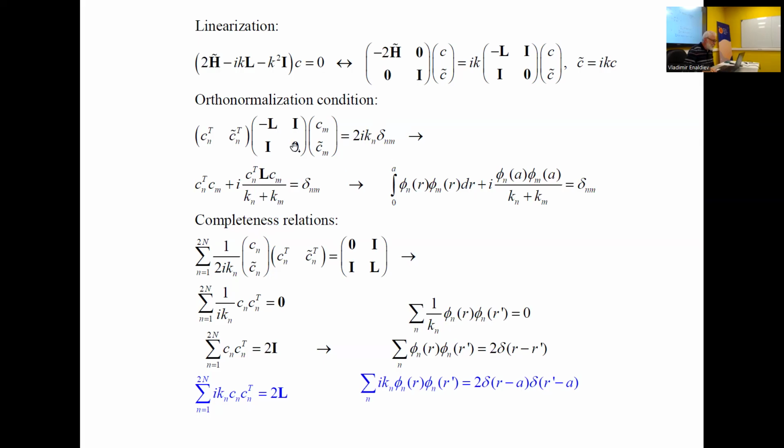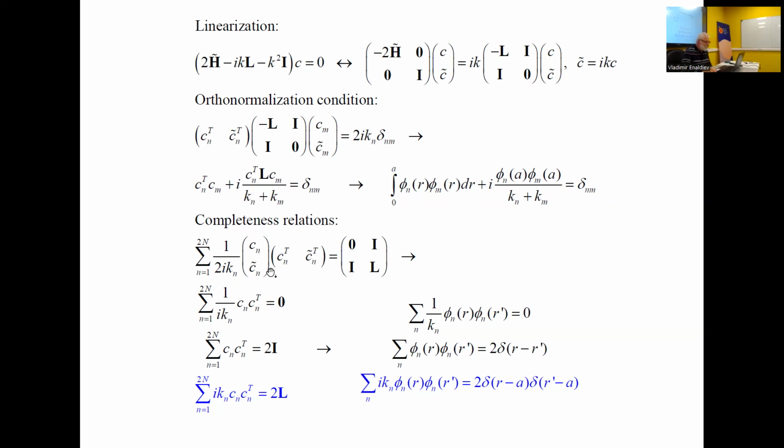But when you now reduce this equation to eliminate this c tilde and write what this means with respect to these vectors, you obtain this. Now, if you return to coordinate representation, you obtain this, which was shown previously as a result of the orthonormalization condition for Siegert states.